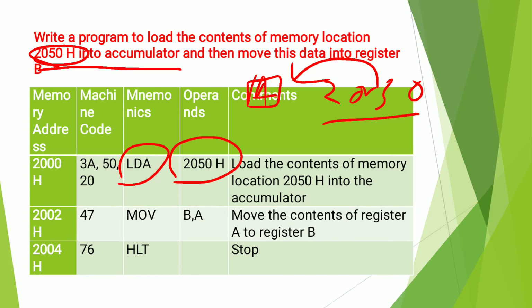Now the content of the accumulator is moved into the register B. So here I am using the instruction MOV B, A, means the content of register A is moved to the register B. Now stop the program by using the halt instruction.